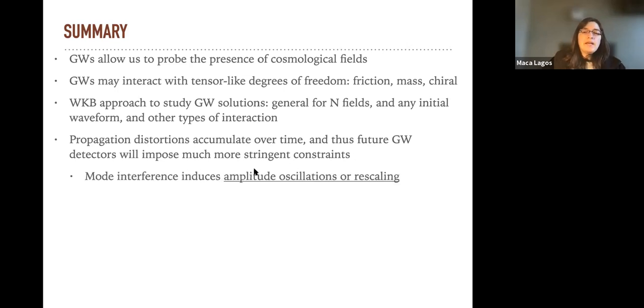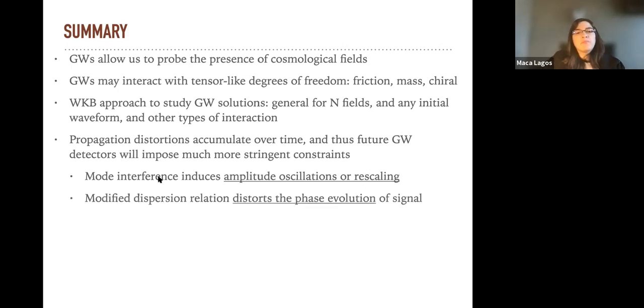And some of the distortions that I mentioned is that there could be interference of the two propagating modes that lead to either amplitude oscillations, like the first effect that I showed you in the top panel, massive gravity, or just overall amplitude rescalings, as the effect that I showed you in the last panel, massive gravity, where the first echo looks like a gravitational wave signal with an overall rescaling of amplitude.